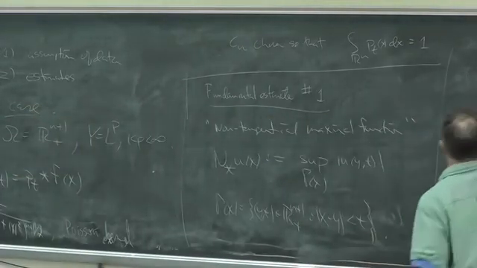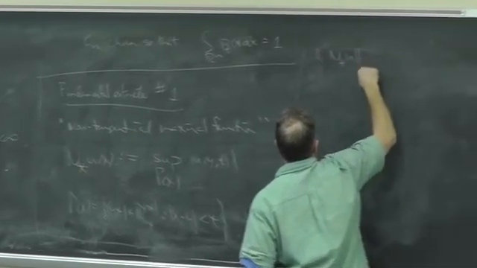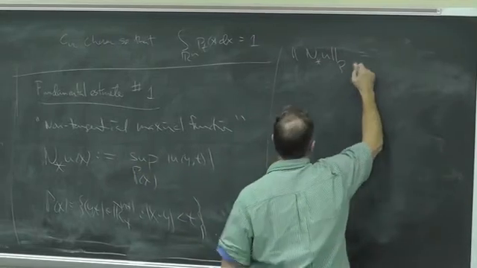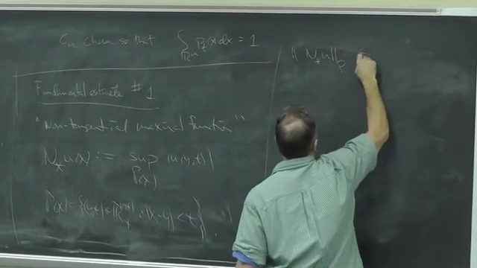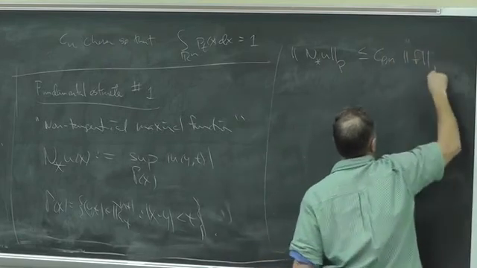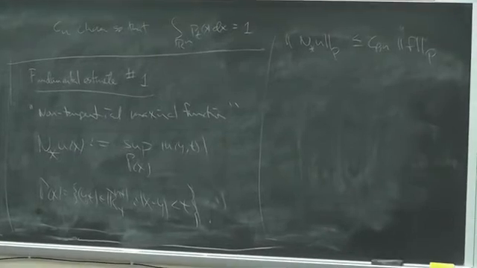The fundamental estimate is that the non-tangential maximal function of a solution, given this way by convolution with the Poisson kernel, is controlled by some constant C_p times the L^p norm of the data.